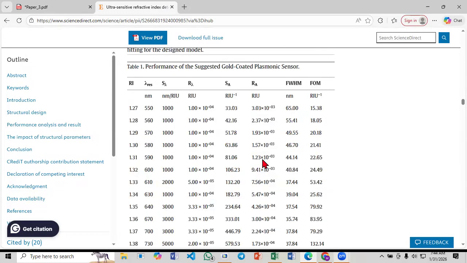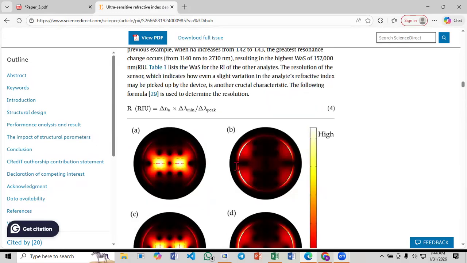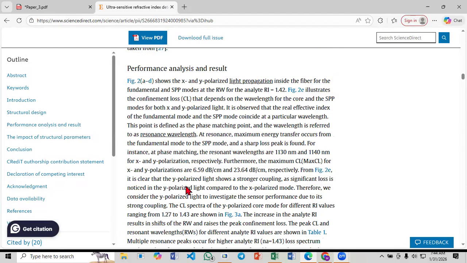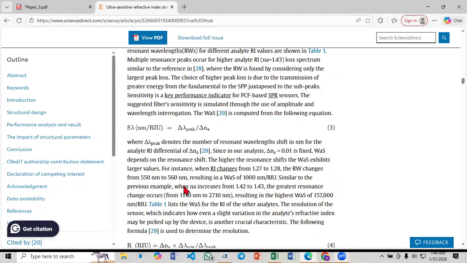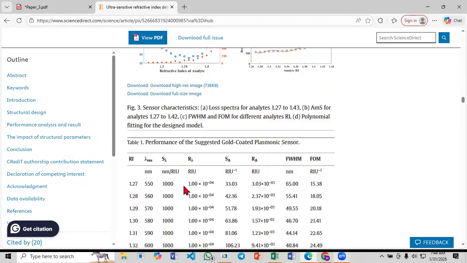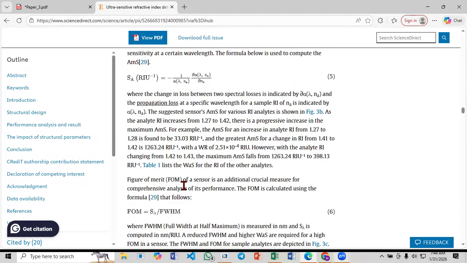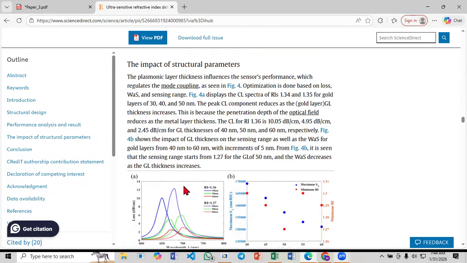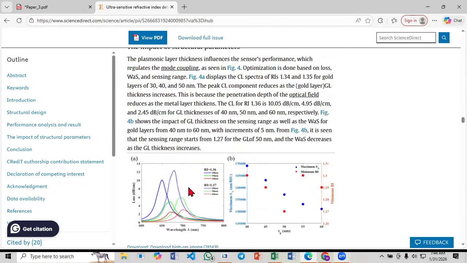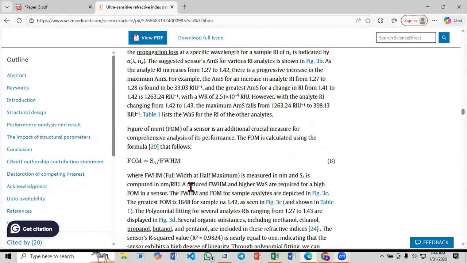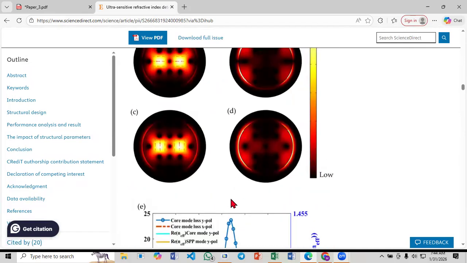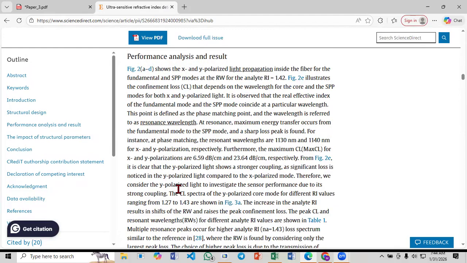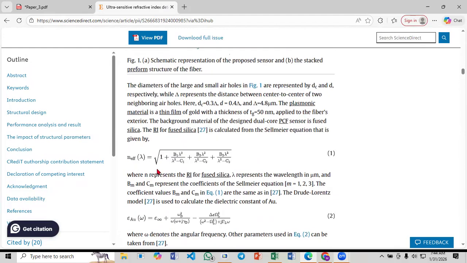I'm checking the equation of conformal. I think the paper mentioned it wrong. I don't know, I'm not sure, but let me check. Where is the conformal loss equation?